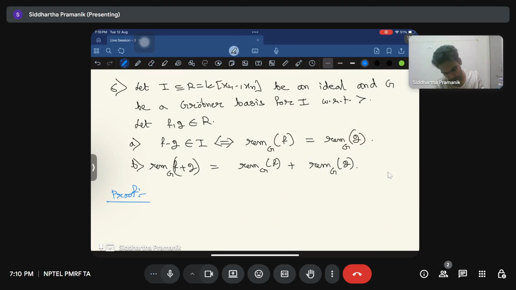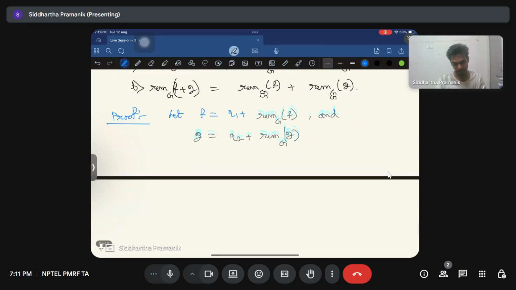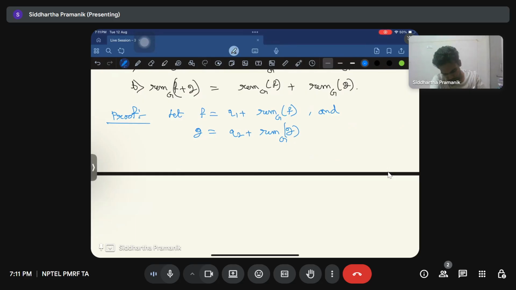So before proving these two parts, let f equal some q1 plus the remainder of f when divided by G, and g equal some q2 plus the remainder of g when divided by G. So that will imply f minus g equals q1 minus q2 plus the remainder of f plus the remainder of g.